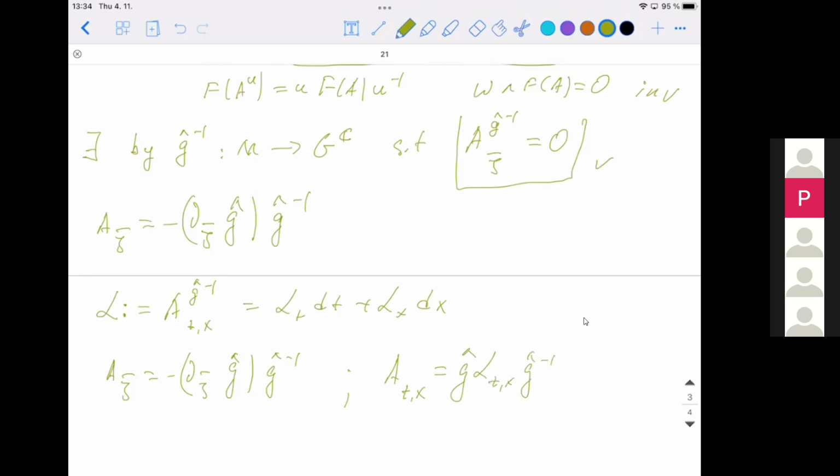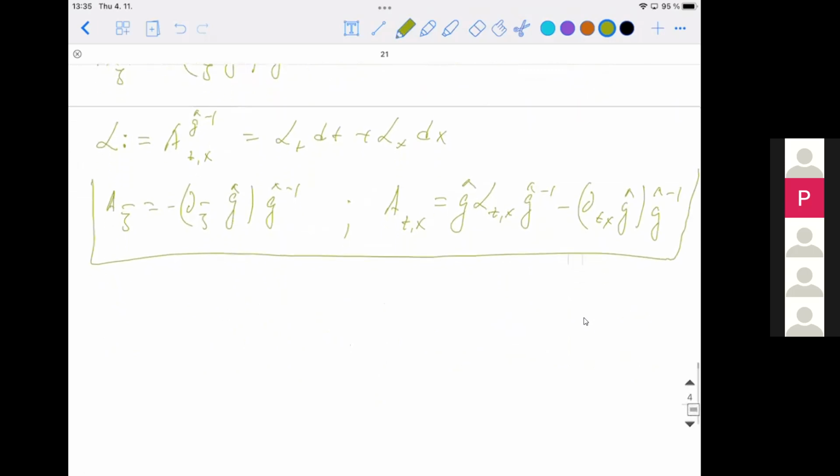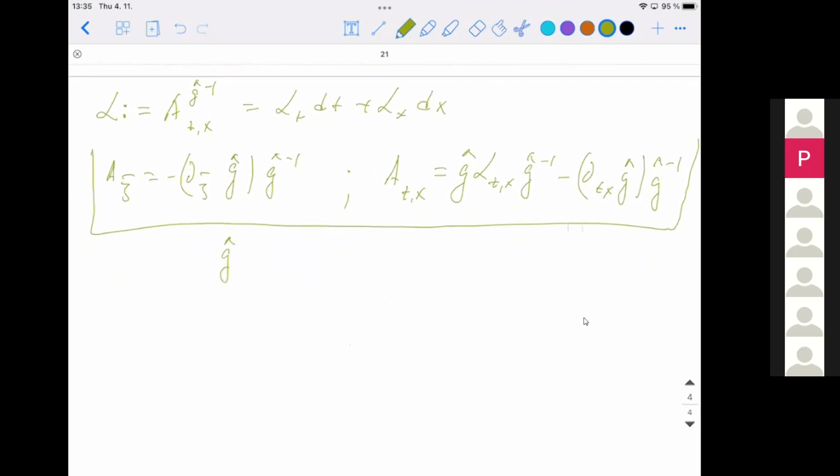So this is our parameterization of the gauge field in terms of G hat and lambda L. The G hat will be the only gauge field of this theory, and L would be the Lax connection.